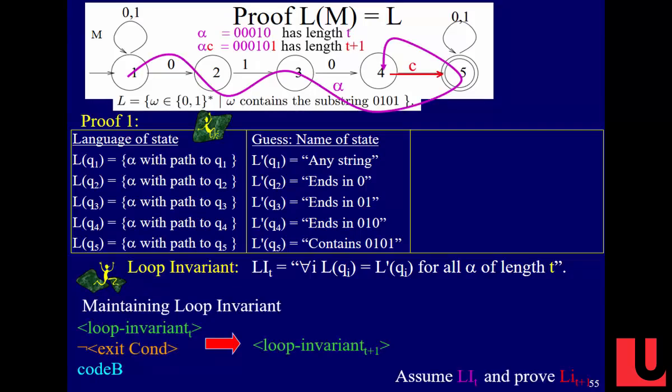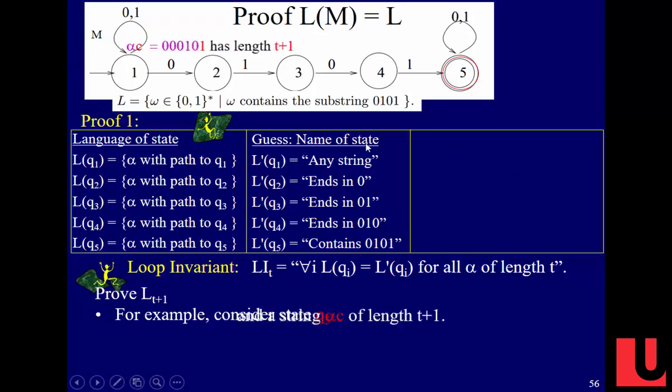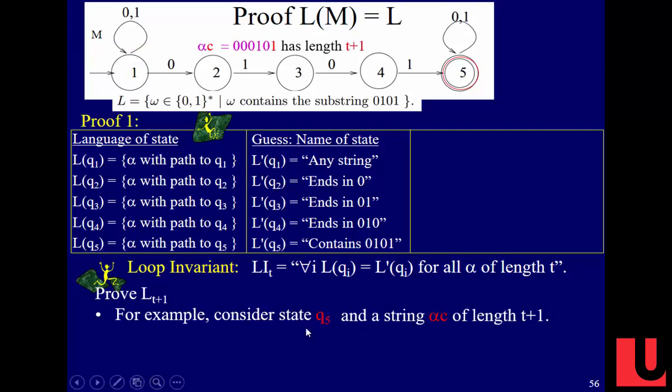We have to say, how are we going to prove this? Well, I guess formally we have to say, give me an arbitrary string. So here, let's say we consider state 5. We want to prove this for state 5. How do we prove it for state 5? Give me an arbitrary string of length t plus 1.